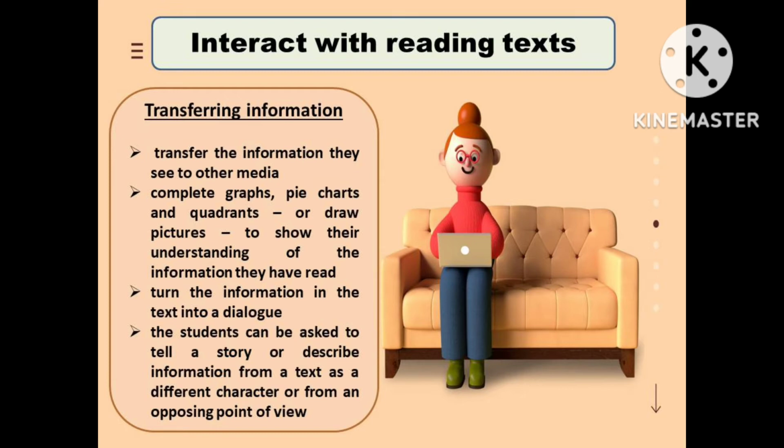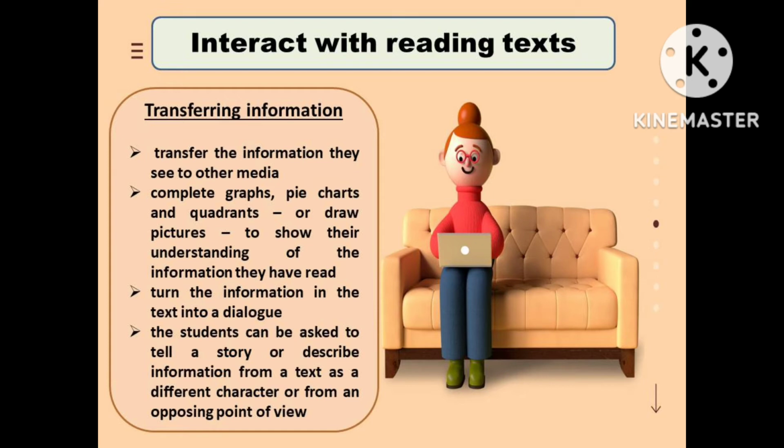We can also ask them to turn the information in the text into a dialogue. For example, one student pretends to be a reporter who asks questions and the other has to answer with information from the text.